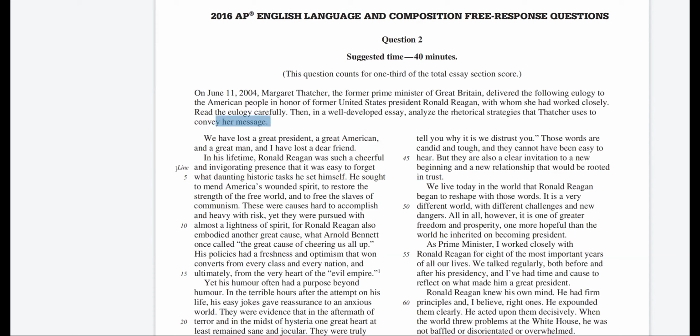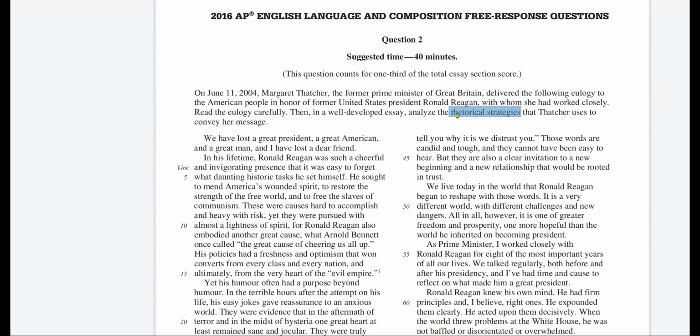So I have two jobs to accomplish. Job 1, what is her message? Job 2, how do we know? Well, because there are certain rhetorical strategies, and we need to identify them. So in this analysis essay, we're going to talk about how the various strategies utilized by Thatcher, the author, in turn help her convey her message.